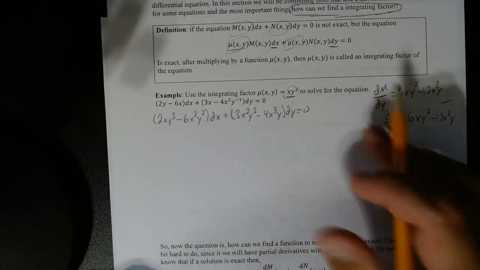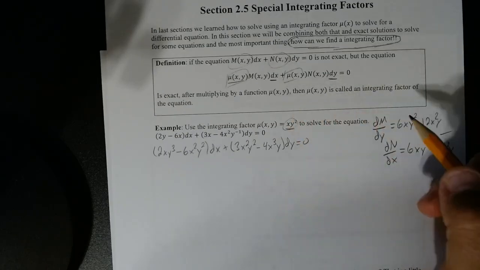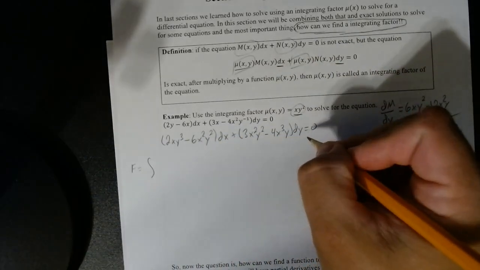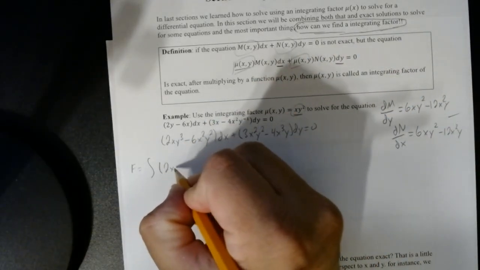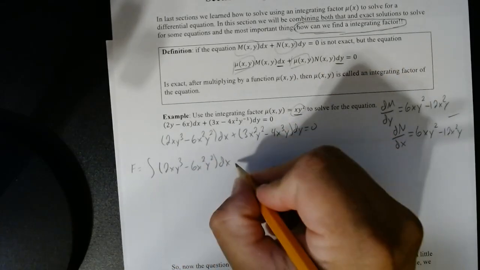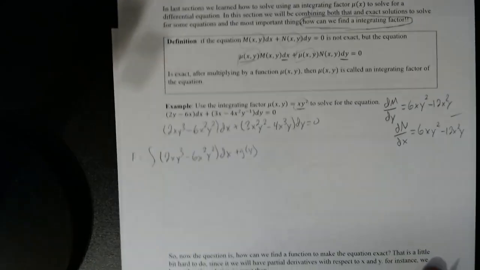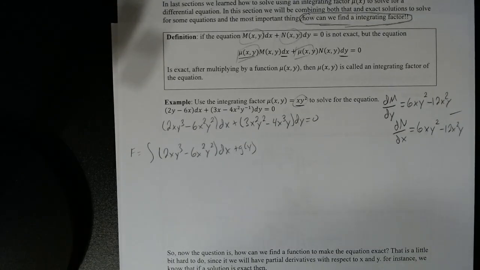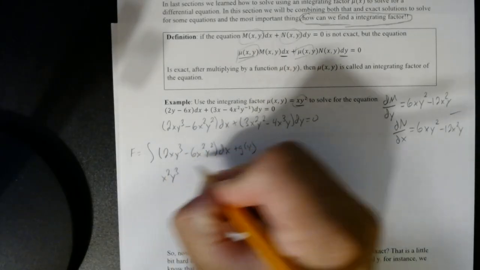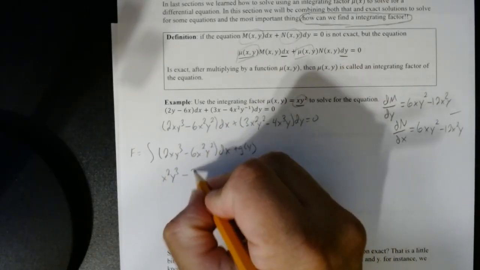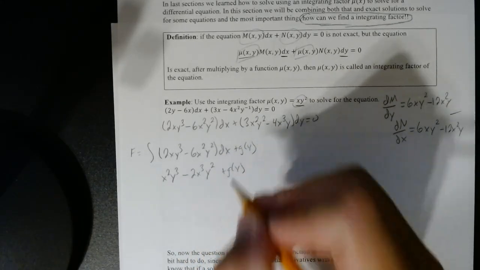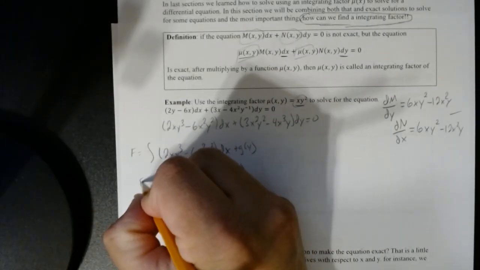At this step, we do the same thing as solving an exact equation. We take the integral of M and N respectively. Integrating with respect to x this time gives you x squared y to the third minus 2x to the third y squared plus that, so this is our f function.